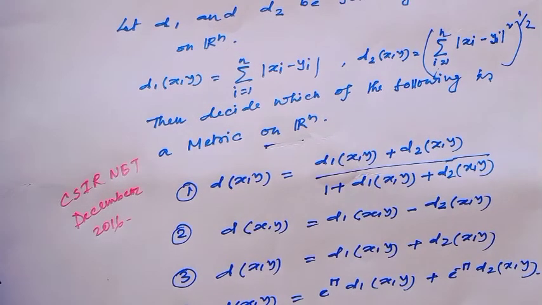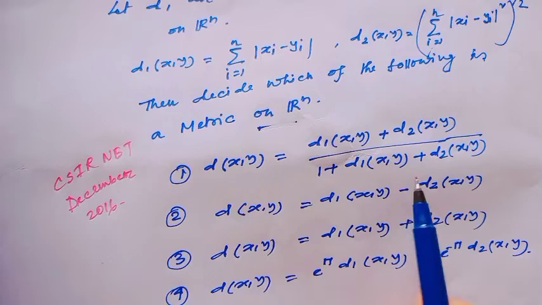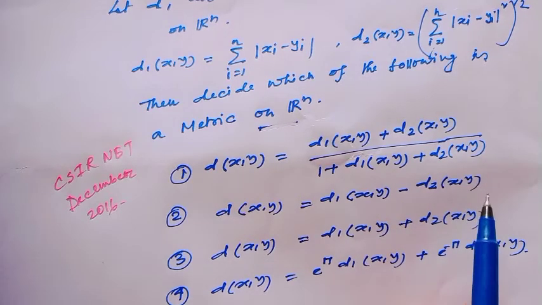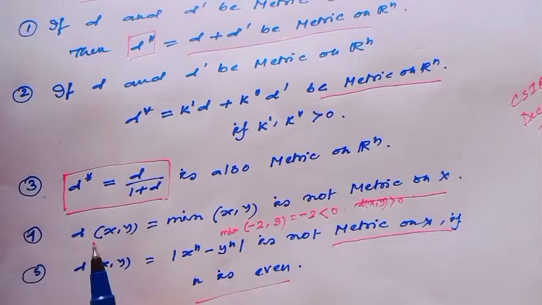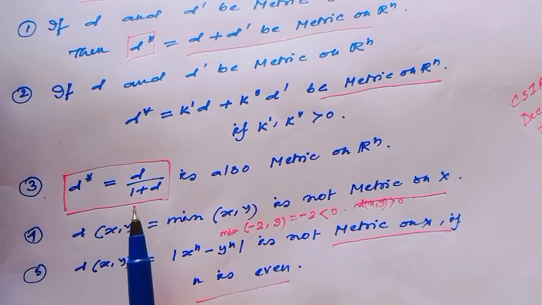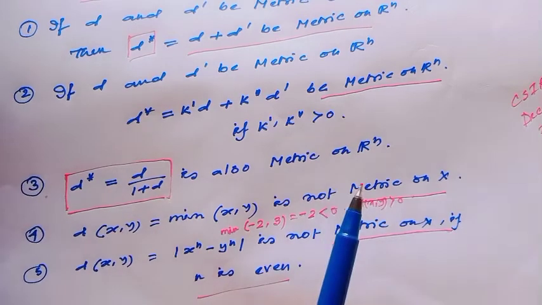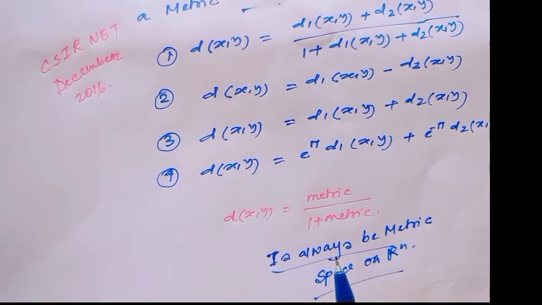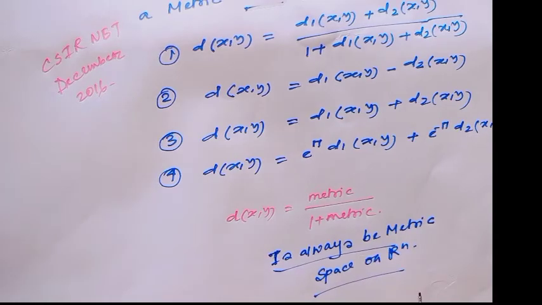First option, d of xy equal to d1 xy plus d2 xy over 1 plus d1 xy plus d2 xy. Is it the correct option? Notice I have seen d star equal to d over 1 plus d is always a metric space on Rn. That means metric over 1 plus metric is always a metric space on Rn.